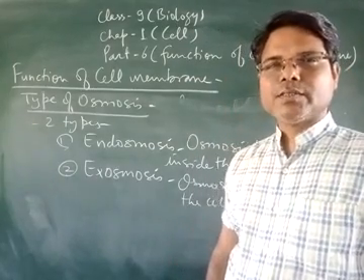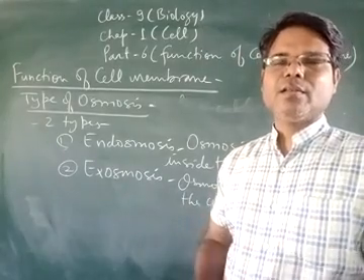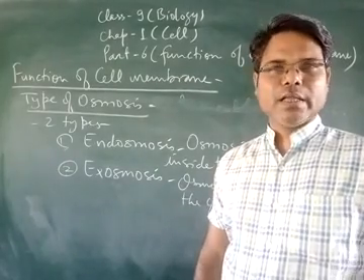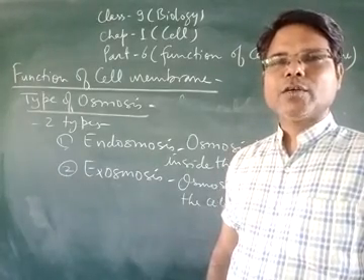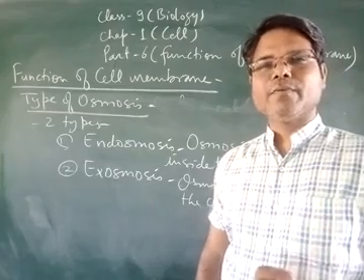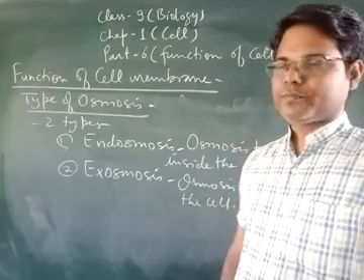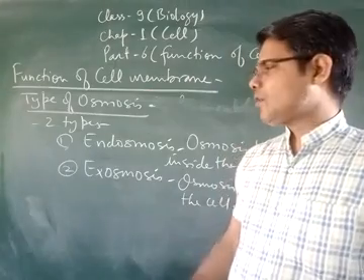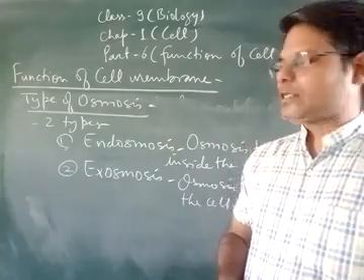When any material concentration is higher in one cell and lower in another cell, then endosmosis takes place in that type of cell where material concentration is lower. So the phenomenon of exosmosis is just opposite to endosmosis.